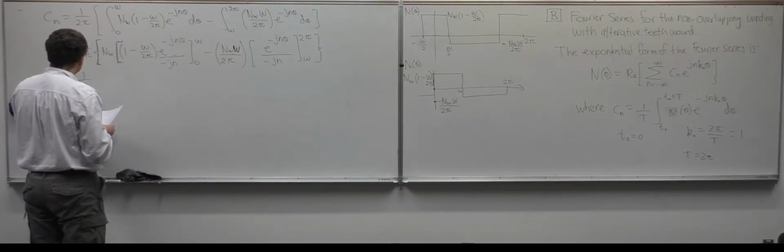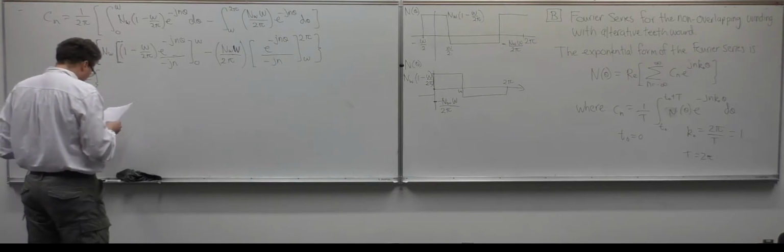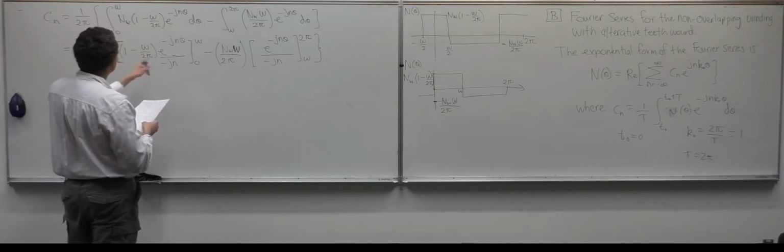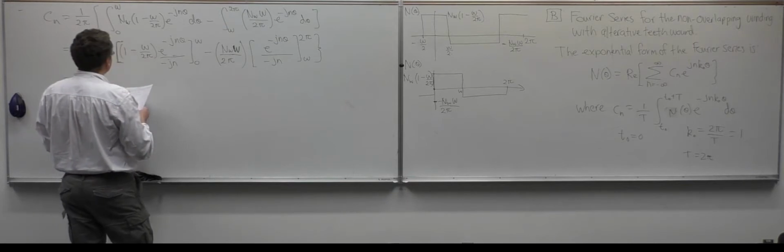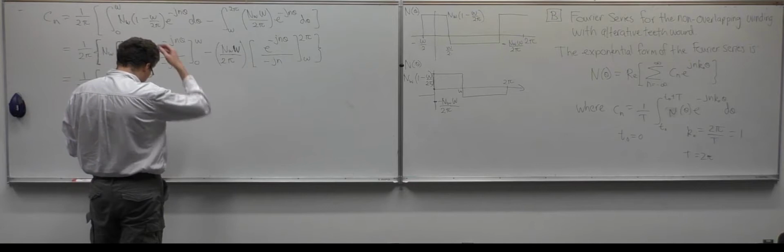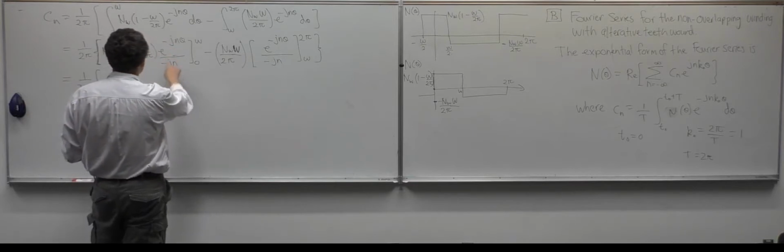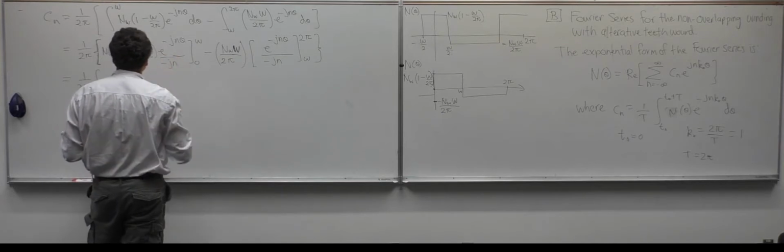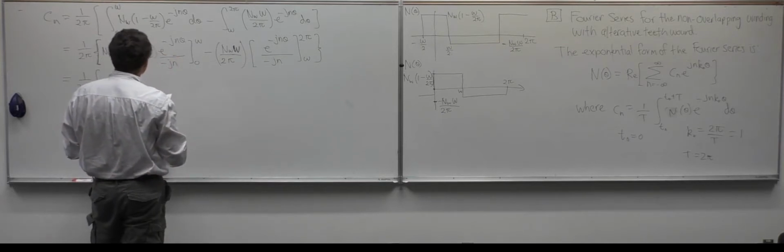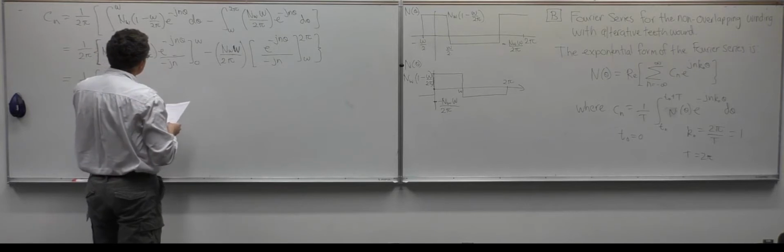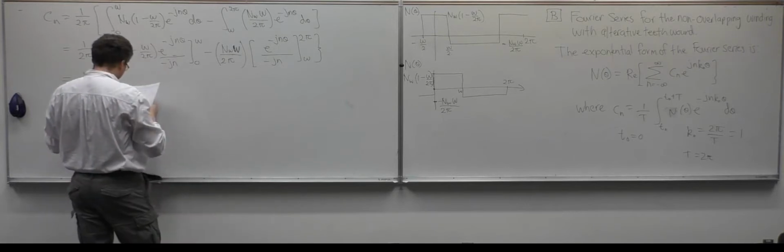Okay, now I'll carry on with this. So then substituting in the limits, I'll put the j on the top so I can multiply j by numerator and denominator, and j times j is minus 1, so that gives us j.